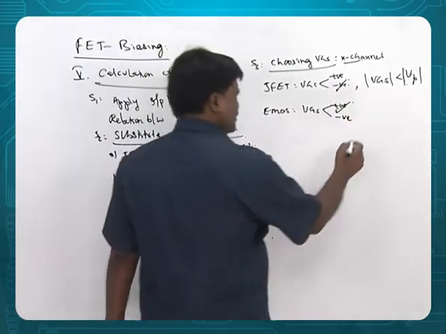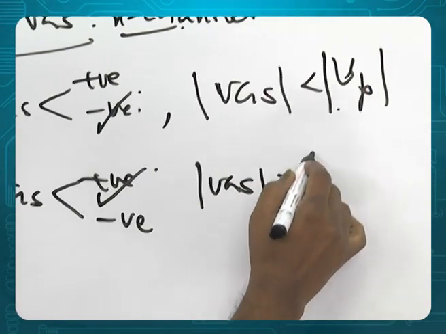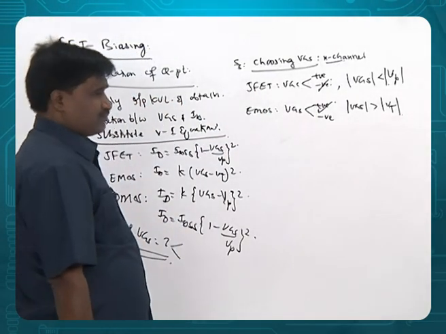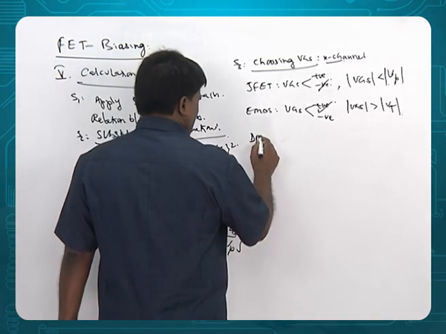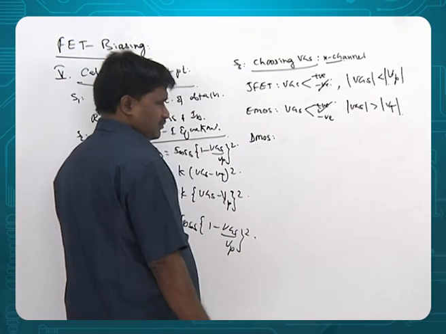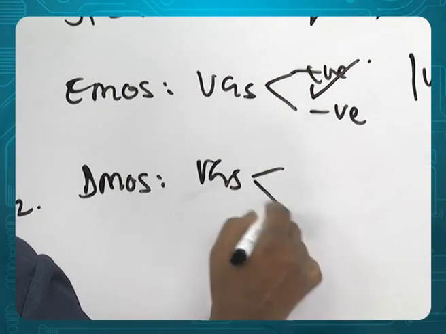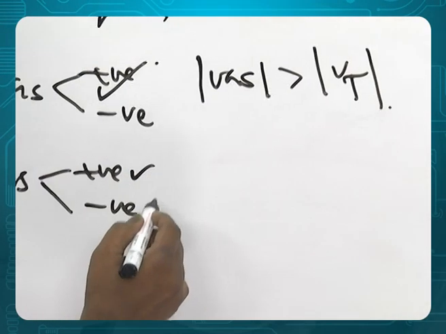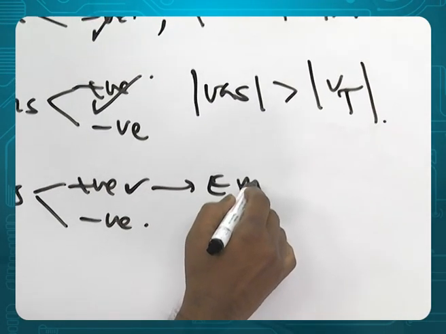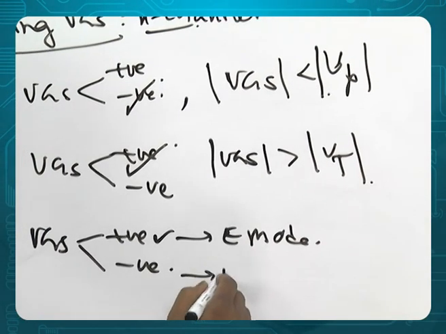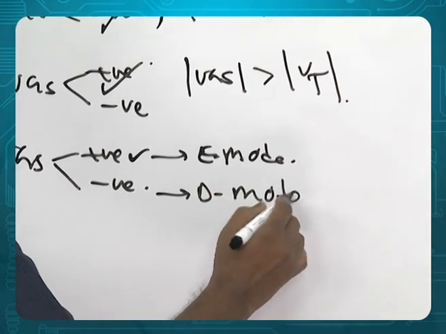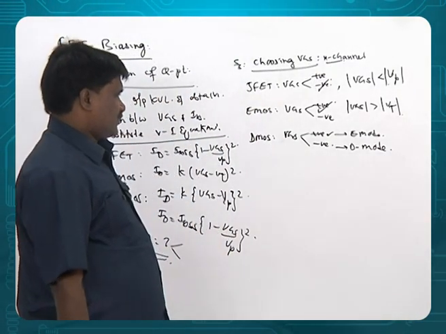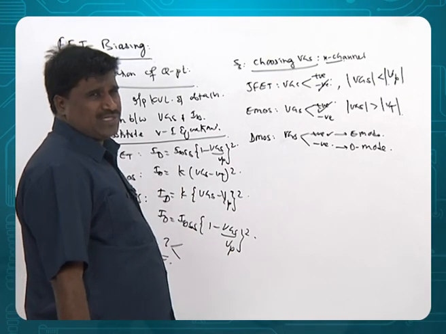If both positive, choose anything greater than VT. If it is depletion MOSFET, VGS can be positive or negative. Both are available because positive is for enhancement mode and negative is for depletion mode. You can use both. This is how we have to choose which VGS.